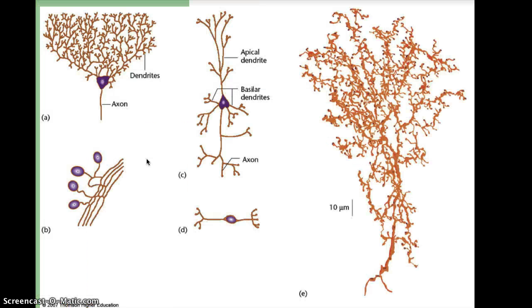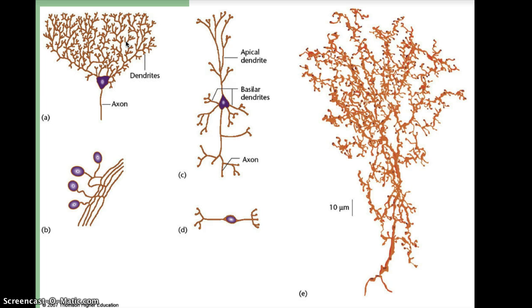Here are some different types of neurons. This particular one is called a Purkinje cell. And you notice the huge number of dendrites coming off of it.